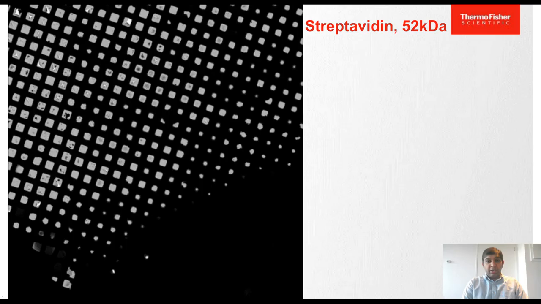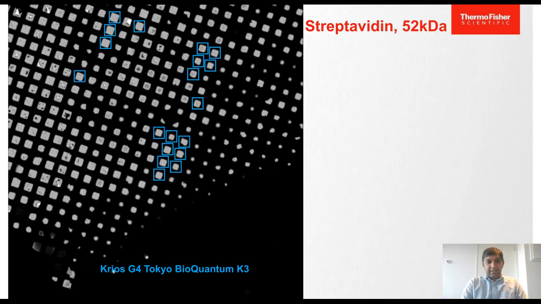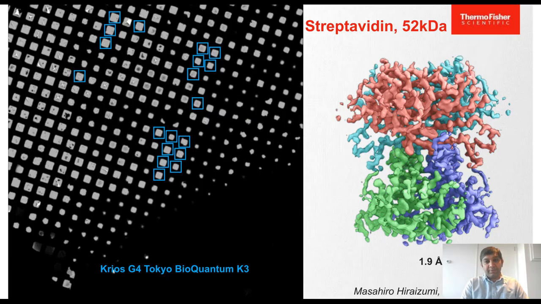And this is how it looked. So this is the grid on which they collected the data. These were the areas, grid squares, where data was collected using G4 at Tokyo with bioquantum K3. And from this, they obtained this beautiful structure of the streptavidin going to 1.9 angstrom.